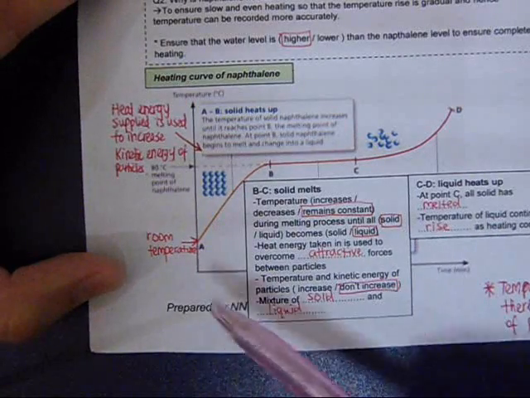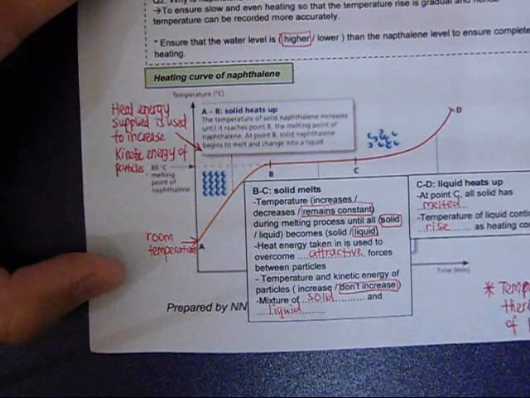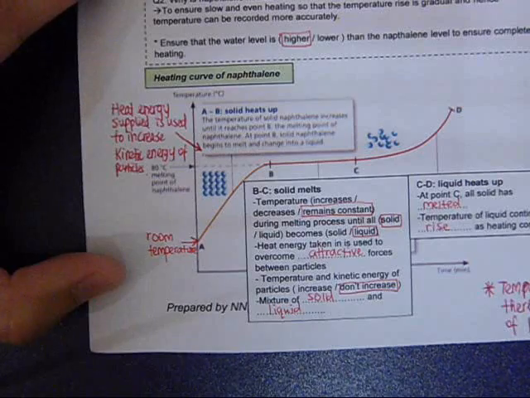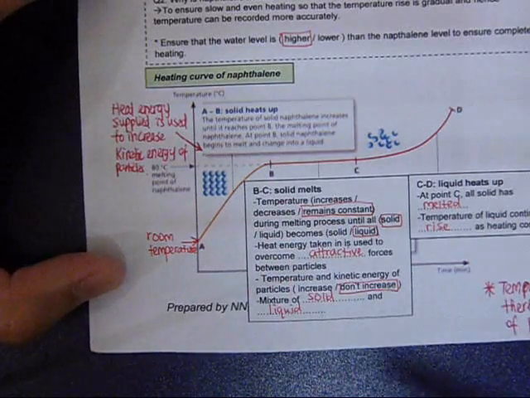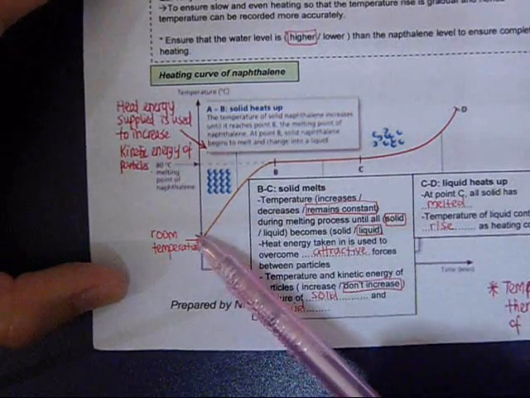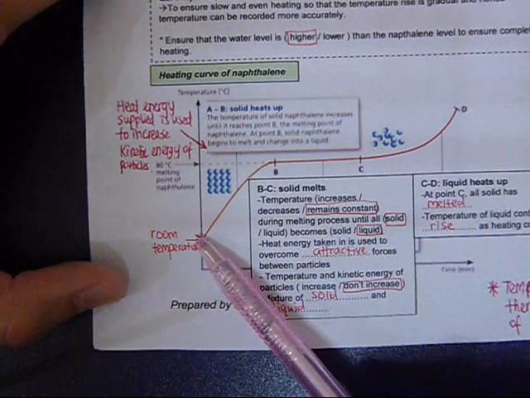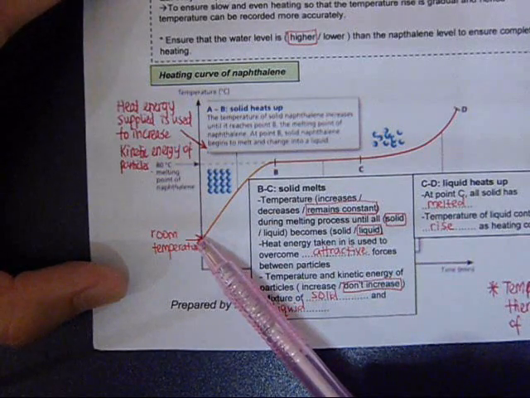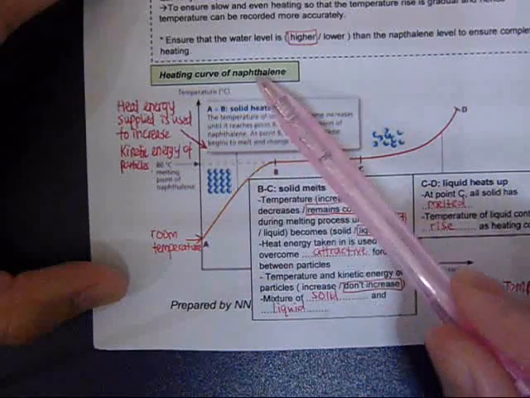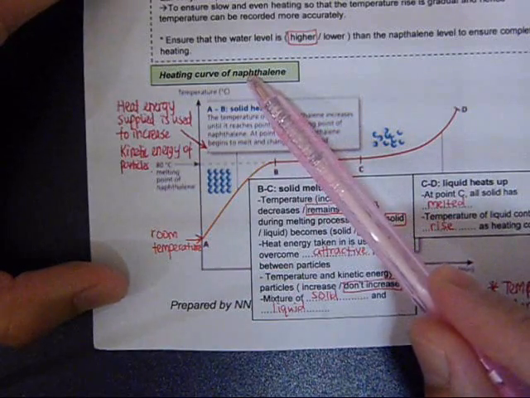So what we do is we heat a substance, take the time and the temperature at the same time, and then plot the graph. The starting temperature is always the room temperature. So this is a heating curve of naphthalene, the mothball.